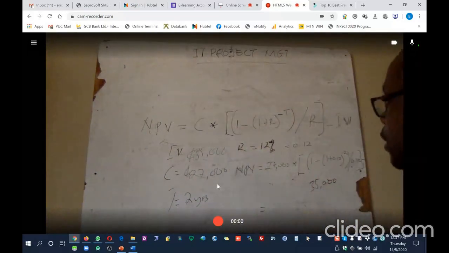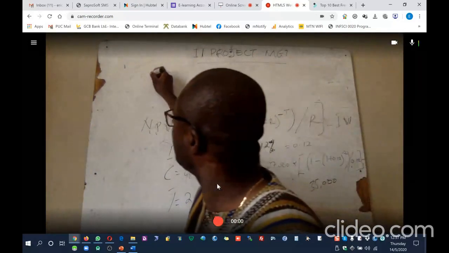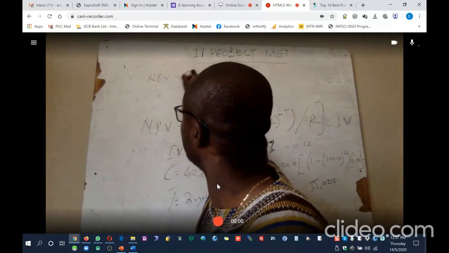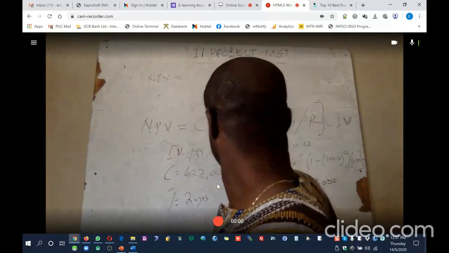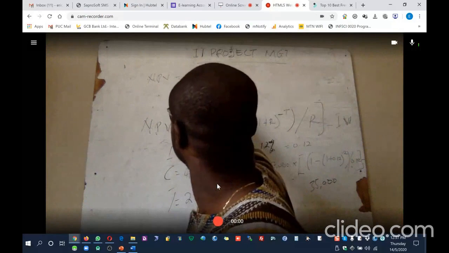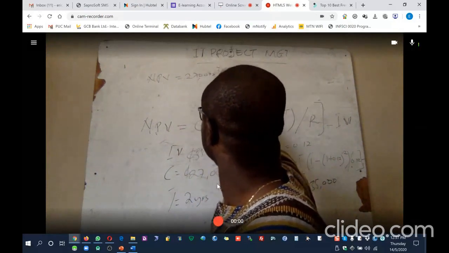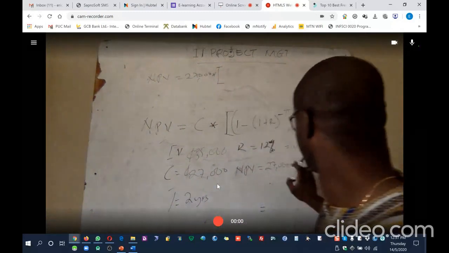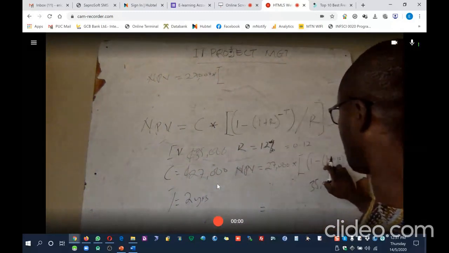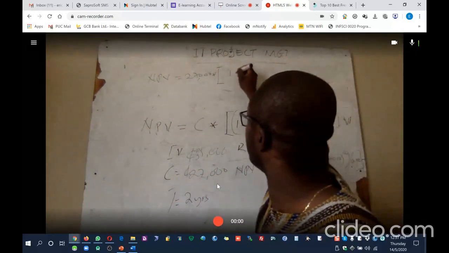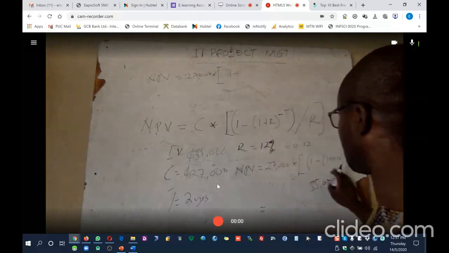So it will now become NPV will become 27,000 into bracket times into bracket. I'm going to get 1 point. So it becomes 1 minus. So this is the first bracket.